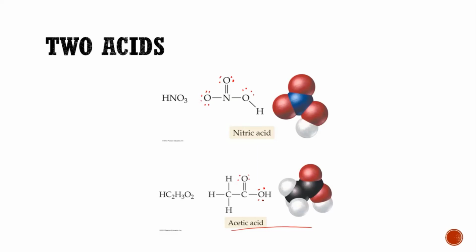And what makes them acidic is that right here in this bond, there's two electrons. And when I throw this in water, the oxygen steals the hydrogen's electron, and I end up getting an H plus ion, and then the nitrate group is left over.